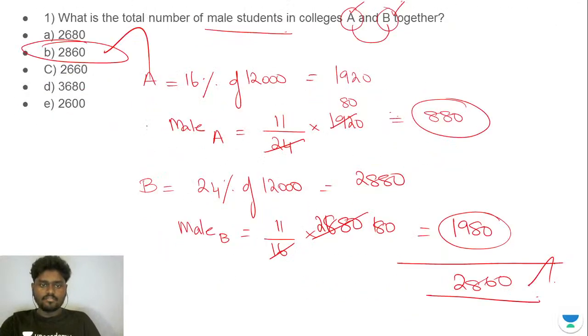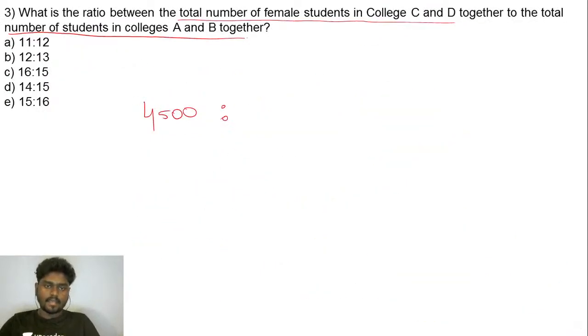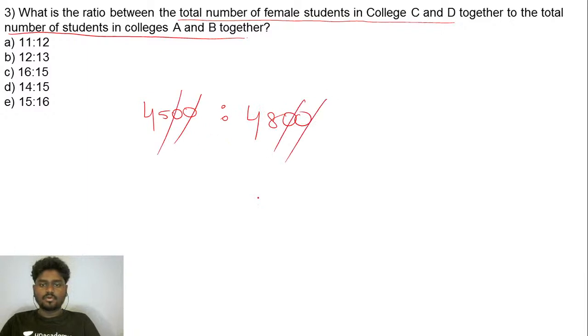College A has a total of 1920, and college B has a total of 2880. So 1920 plus 2880 will give you 4800, right? So the zeros go out, and if you simplify with the 3 table, it's going to give you 15:16.